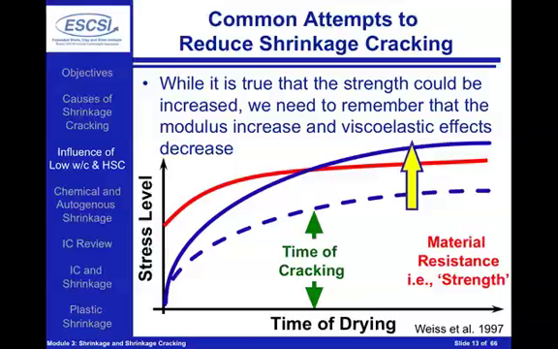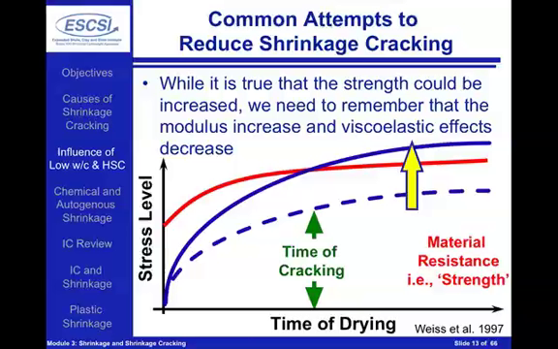So frequently what ends up happening is by increasing the strength of the system, we increase the built-in stresses because of the higher modulus and the lower viscoelasticity, and we can actually shift the age of cracking to an earlier age when we went to a higher strength concrete. So we've tried to make the concrete stronger to resist cracking, and what we've ended up doing is making the concrete stiffer, less forgiving, less relaxing, and we've exacerbated this problem of cracking.